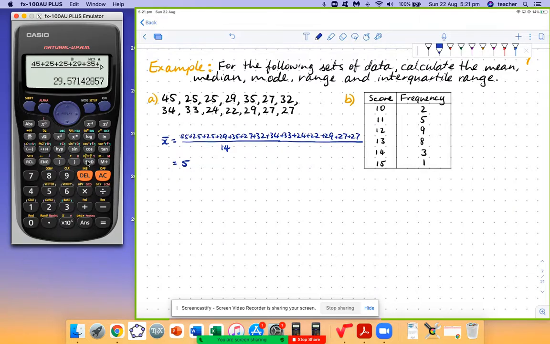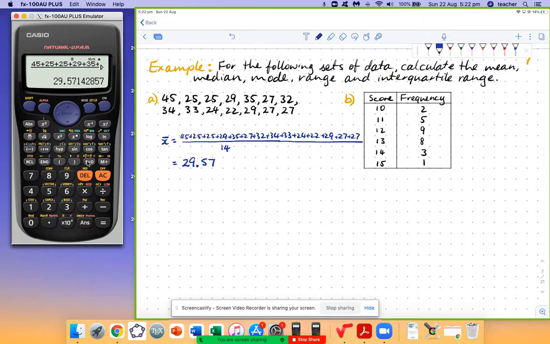That looks a bit better. So you could see very clearly that if I got 51, that's not an average of those numbers. So that's why I knew straight away that there's something not right. So I've got 29.5. So I hope that's the correct answer, but we will check that a little bit later. So 29.57. So that's the mean that we've calculated.